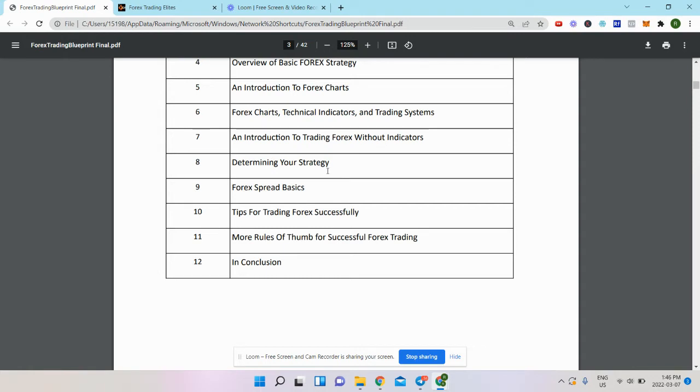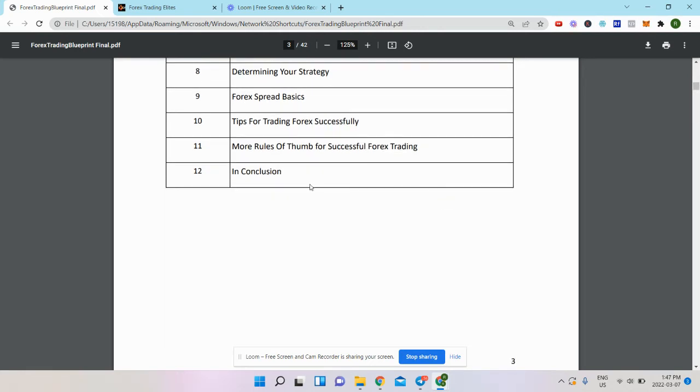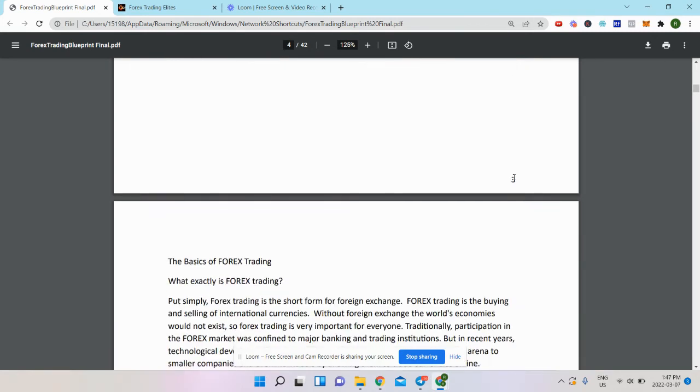Then you need to determine your own strategy, putting some strategies together to determine your own. Some basic stuff about Forex spreads, and then some tips and a few other tips and tricks that I've learned, and finally, in conclusion.